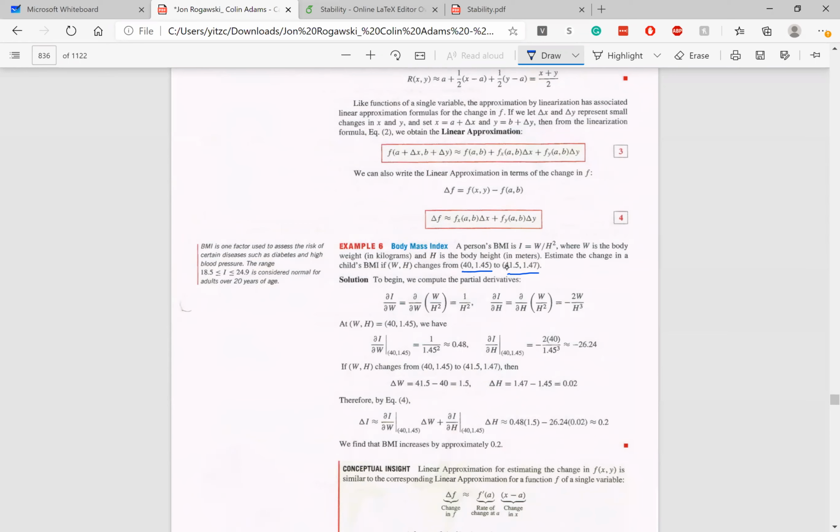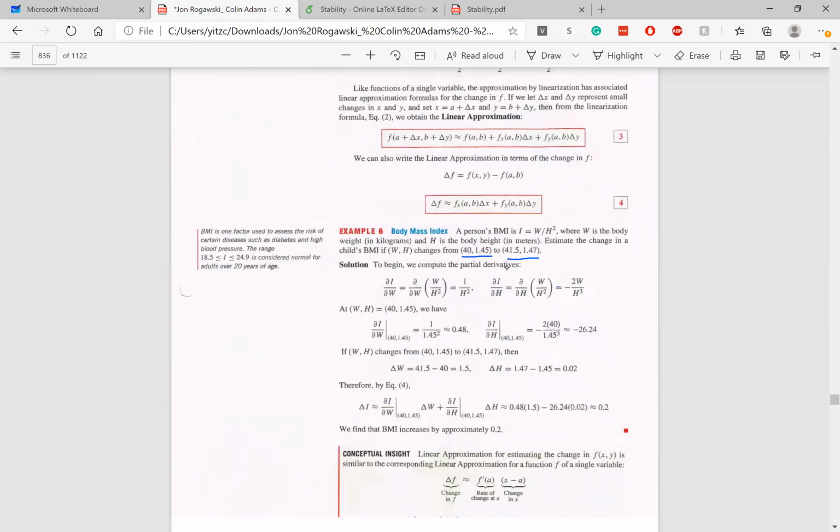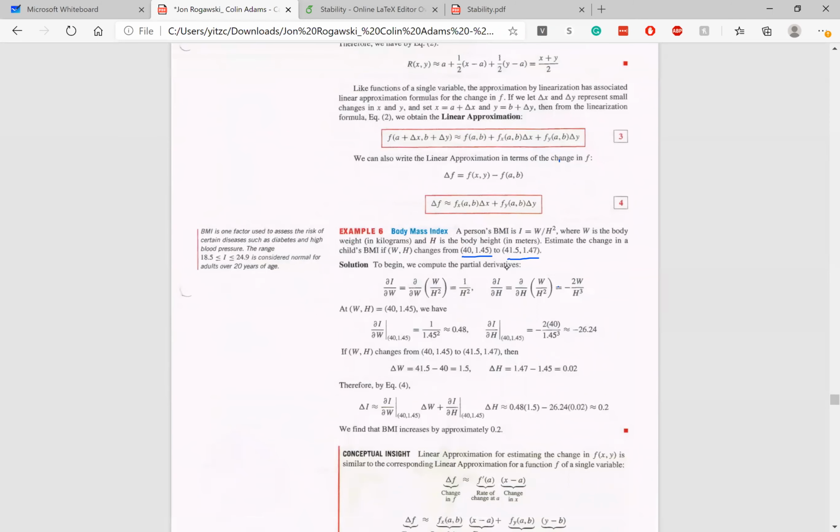The problem is this H squared with 1.47, I wouldn't know what that would get you, and the W over that would be even more complicated. So if I don't have a calculator, I can plug this in, see what number I get, plug that into my linear approximation, and that will tell me the difference between these 2 points, or how much z has changed from this point to that point.